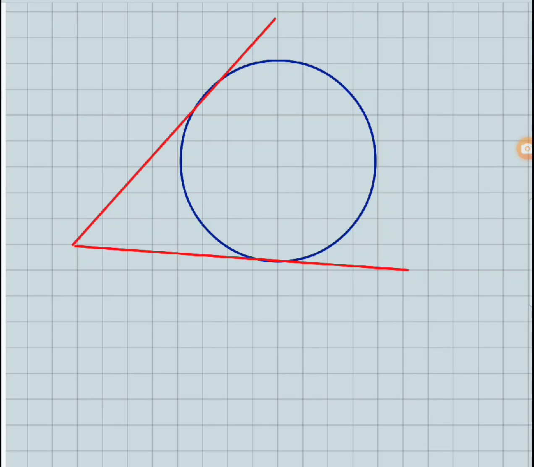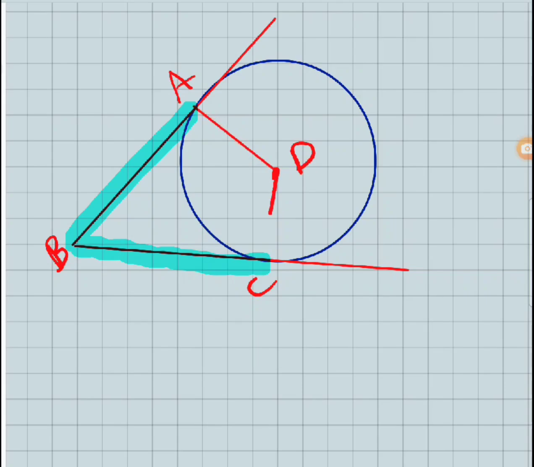So let's say that common endpoint is point B. And we have a center D. So this represents the radius of the circle, and this is also a radius of the circle as well.